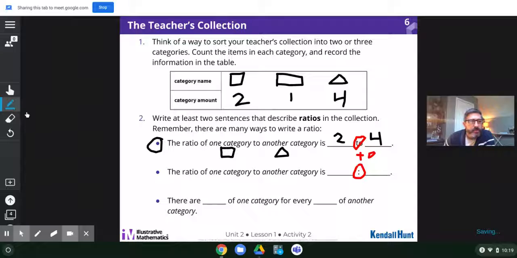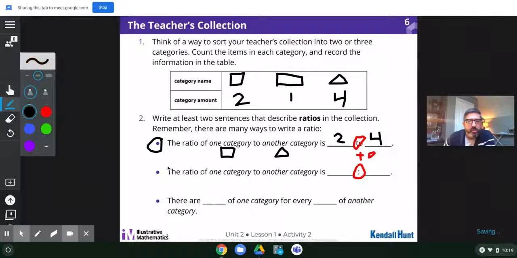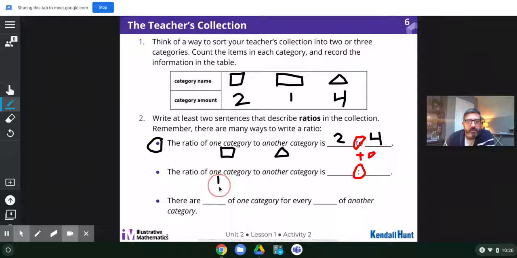So let's try another one here. What shape do you want to use for this first category? Anybody? Anybody want to pick a shape? Rectangles. Rectangles? All right. Yes. How about the second one?